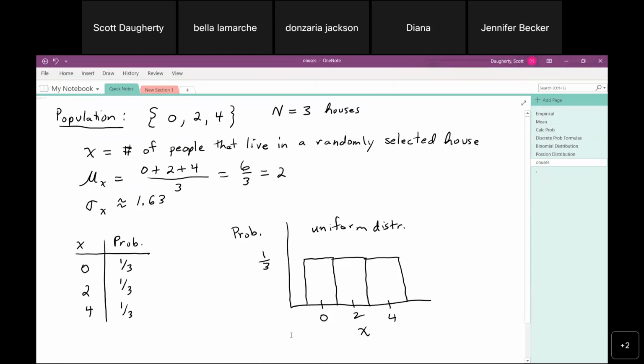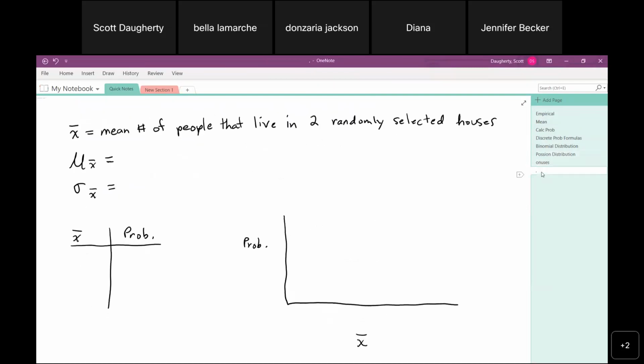Okay. Let's suppose that you don't know what the population looks like and you're going to sample. And what we're going to do is randomly pick 2 households from the population. Now look, the sampler doesn't even know how big the population is. If you go back to the previous screen, we know that it has 3 houses in it.